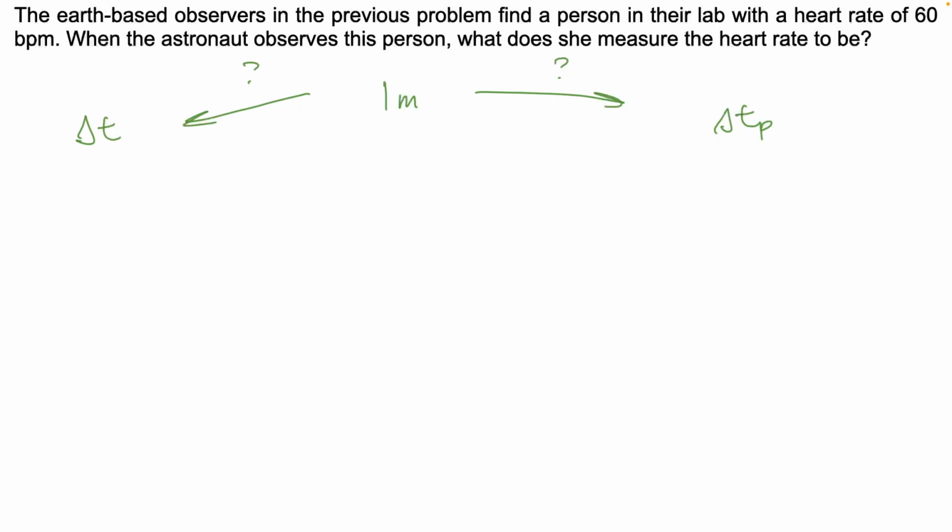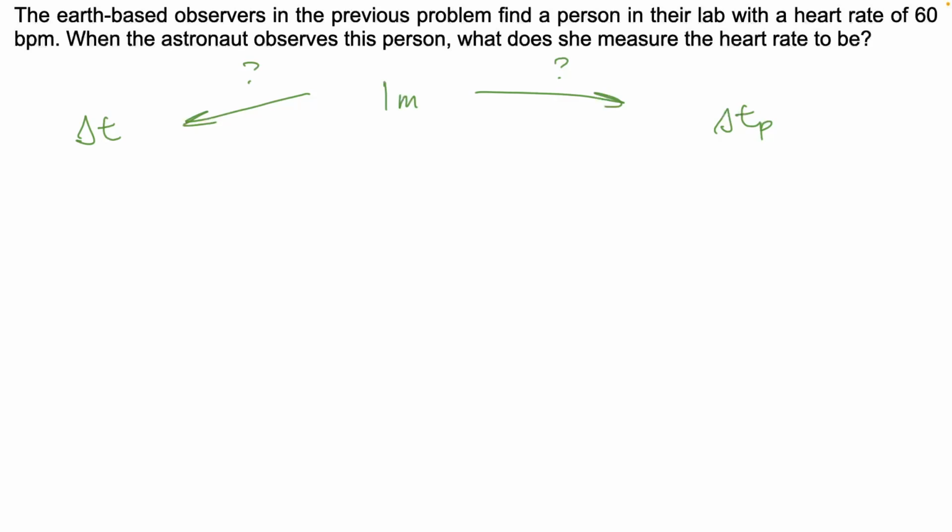So, the safe definition of proper time, which is the more complicated one, but it is safe: who, between the Earth and the astronaut, can measure a heart rate at exactly the same location for the entire duration of the measurement? The people on Earth. Why? Because the lab person isn't moving relative to the lab.